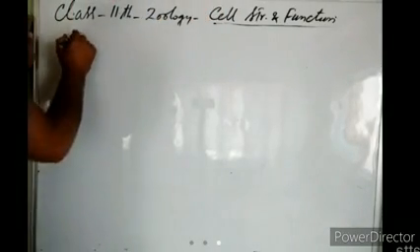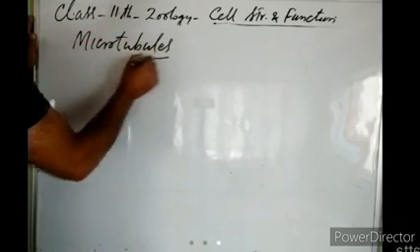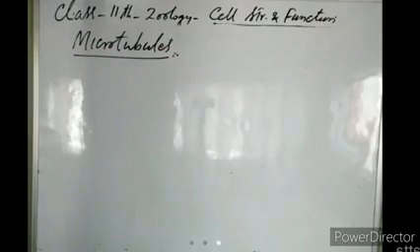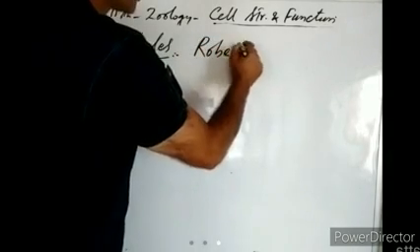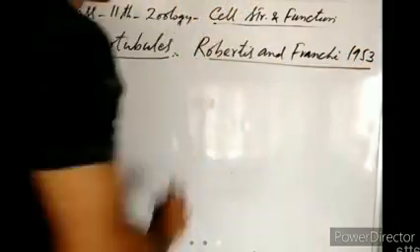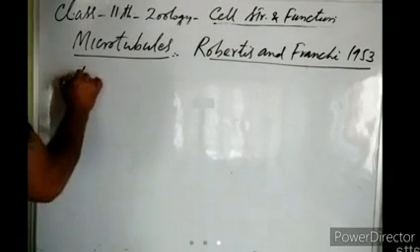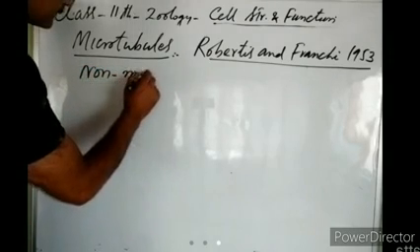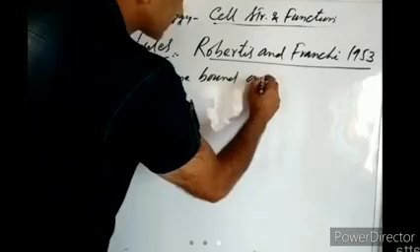These microtubules were discovered by Roberts and Franchi in 1953. Like ribosomes, these microtubules are again non-membrane bound organelles of the cell.